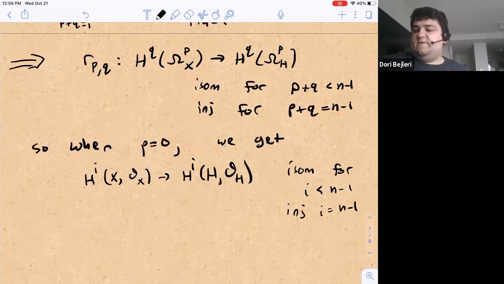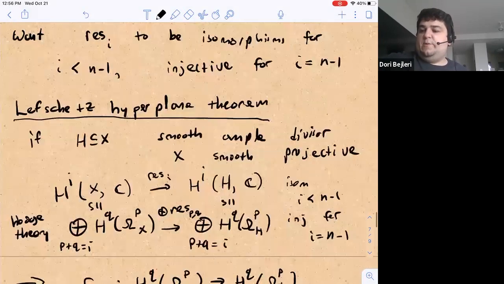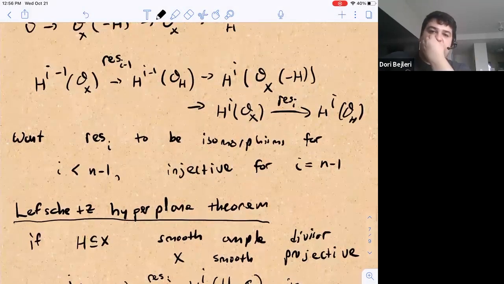And so we get our Kodaira vanishing in this case by this long exact sequence as we observed above.